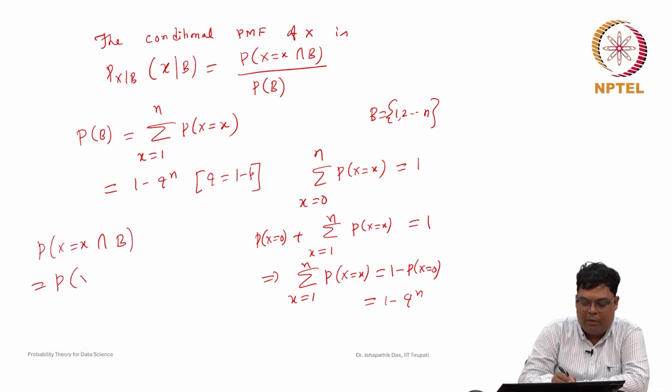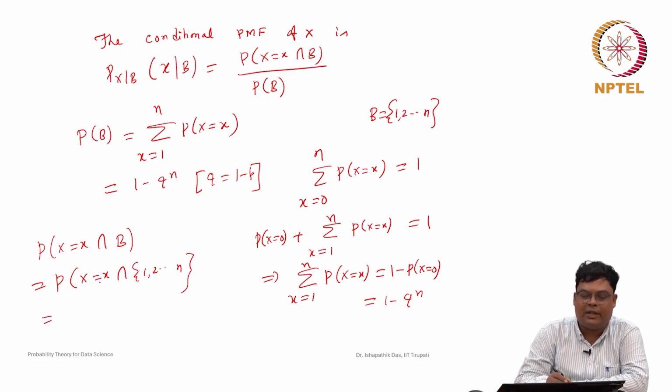Note that X can take the value 0 to n, because the original X is the binomial distribution. So, this intersection will be the null set if x is equal to 0, because 0 does not belong to 1 to n. So, this probability is 0 if x is equal to 0.